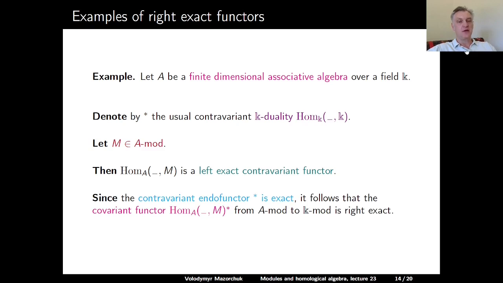Now, since the contravariant endofunctor star is exact, it follows that the covariant functor of first taking Hom_A from blank to M and then taking the K dual star, which is a covariant functor from A mod to K vector spaces, is right exact.